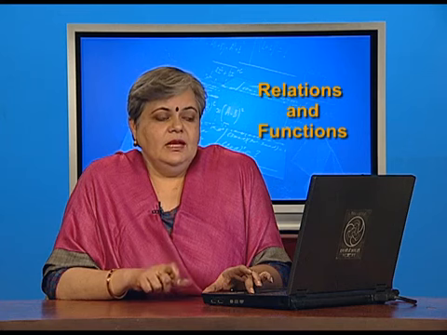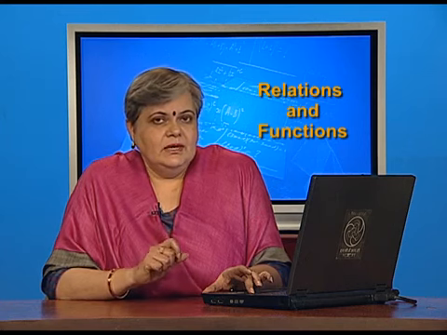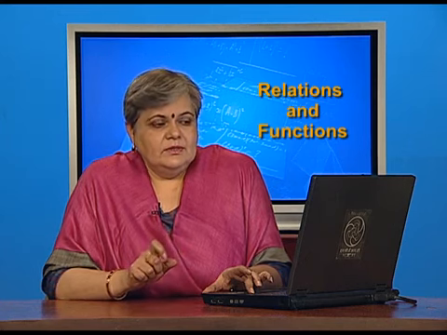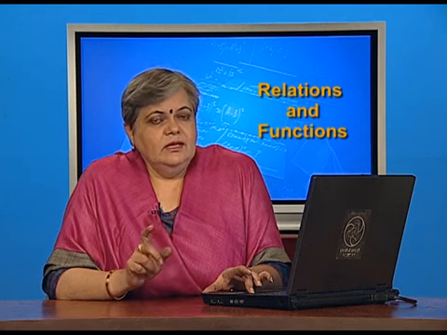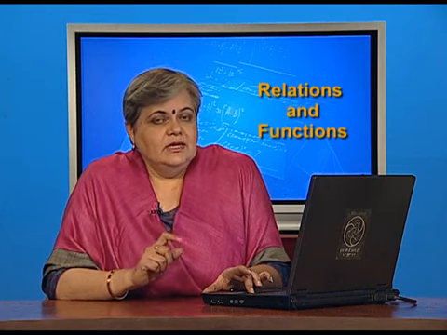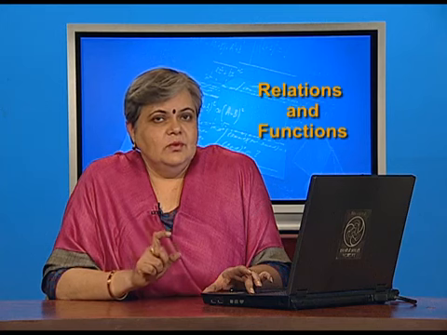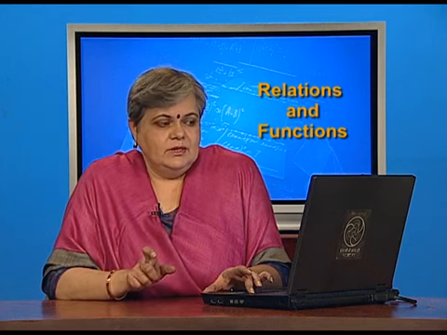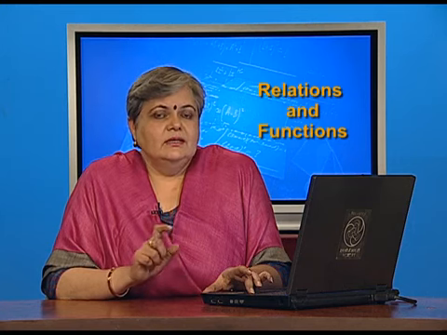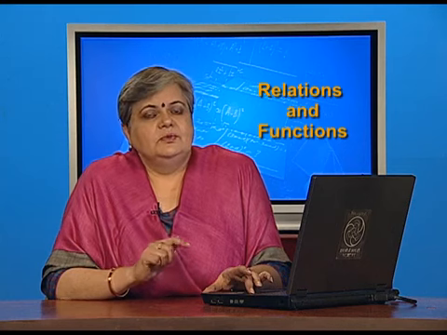So, every element of set A must be connected, must be mapped to one and only one image in set B. It cannot be associated with more than one element of set B. With these two conditions satisfied, the relation qualifies to be termed as a function.